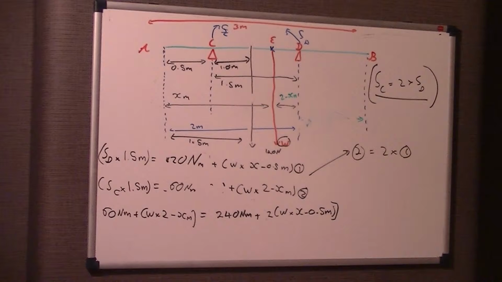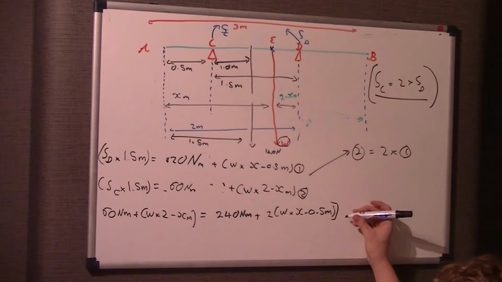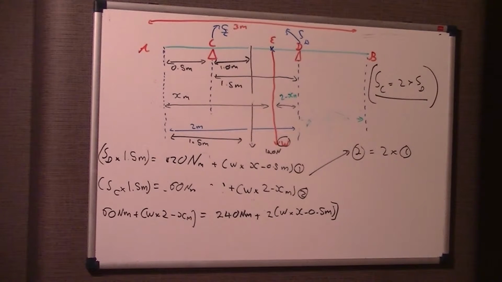So you just simply expand that as you would any normal expansion in terms of 2 times X plus B. So it's 2 times W times X take 0.5 meters.